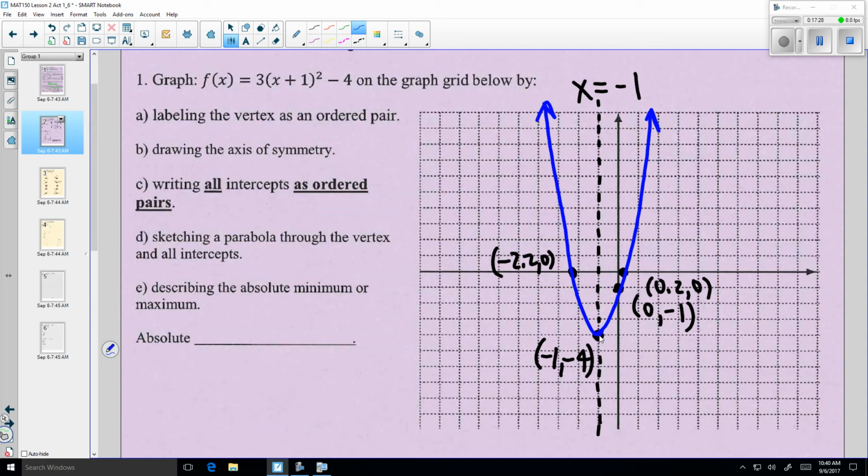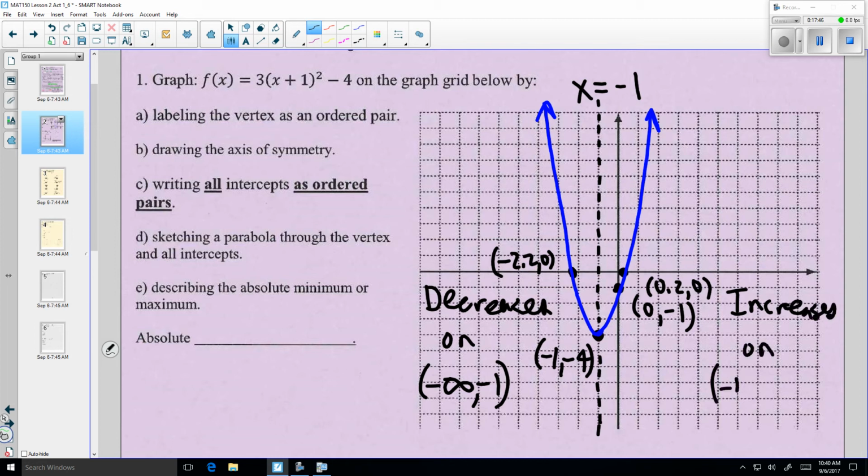So then we want to go ahead and put our information about the decreases on what interval: decreases on -infinity up to, but not including -1. Then it increases on not including 1 up to infinity. Some other things, we've written all of our intercepts as ordered pairs.